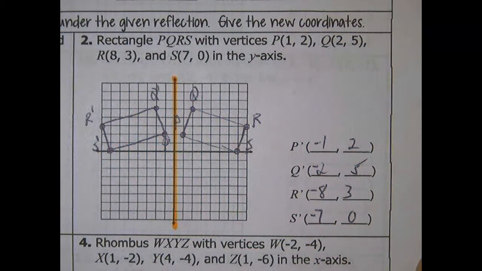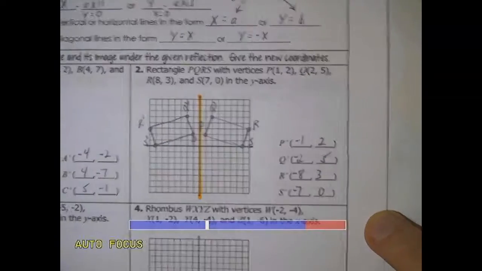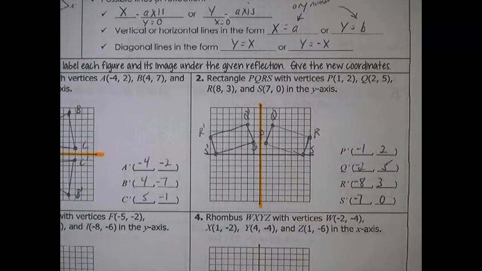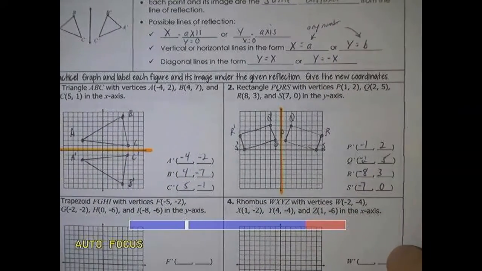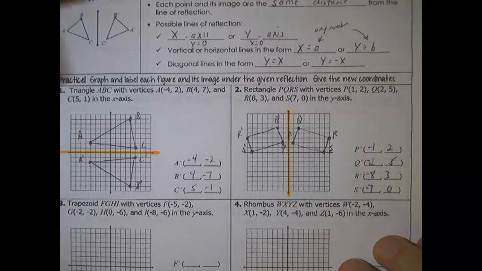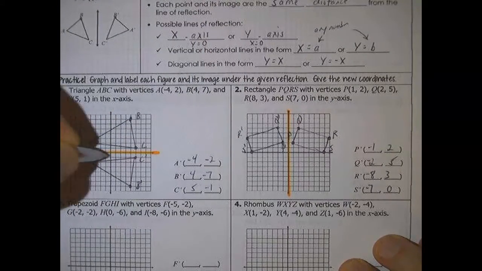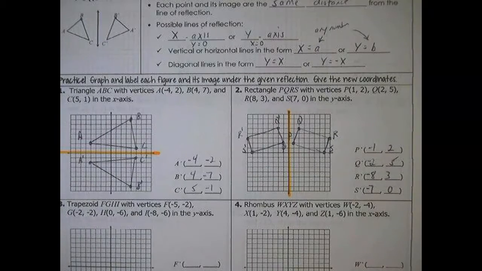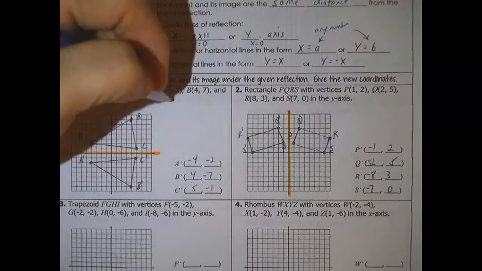Now, there's two patterns here that I want to make sure are clear, and these are really important. These are two of the big four. The other two we're going to do in a little bit. So this is reflection in the x-axis, even though you want to say over the x-axis. Either way is okay.